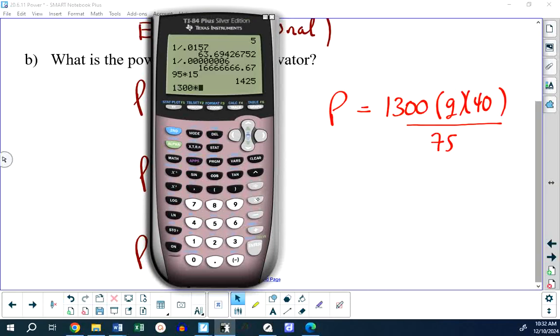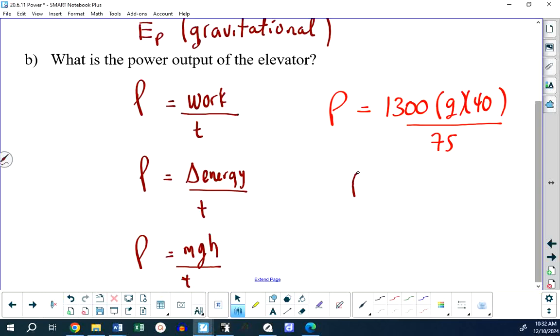1,300 times 9.81 times 40. And then if I hit equals right now, this is the energy given to the elevator car and its occupants in joules. So I do not want the energy. I want to know what the power is. So I divide by the time, and I get 6,802 joules. Oh, we'll just say 6.8 times 10 to the 3. And I stopped short.